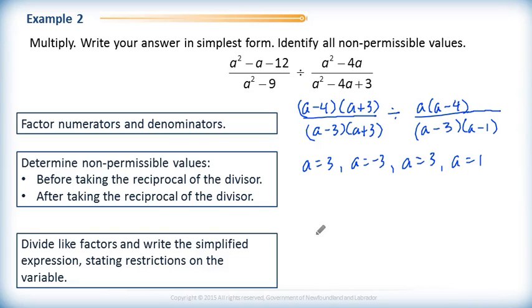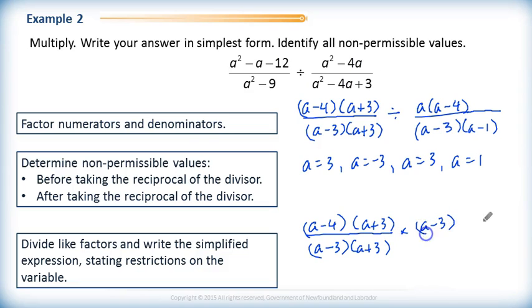Now, after taking the reciprocal of the divisor, because that's what we have to do when we divide, we've got a minus 4, a plus 3 over a minus 3, a plus 3, times the reciprocal, which is a minus 3, a minus 1 over a outside of a minus 4.